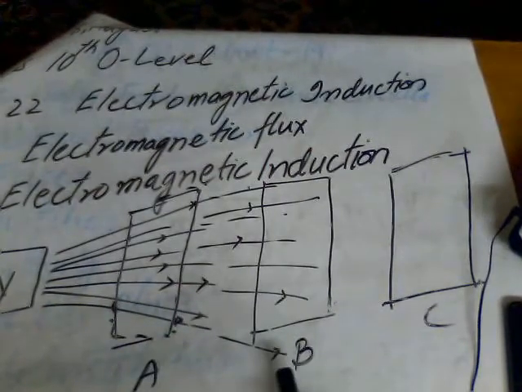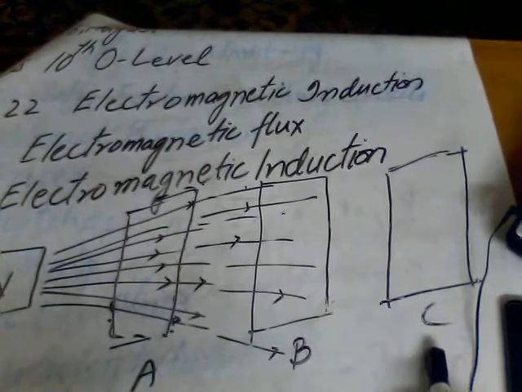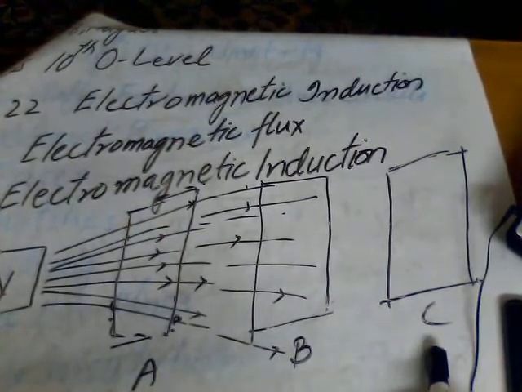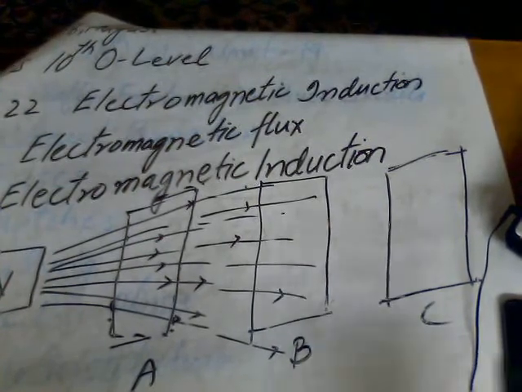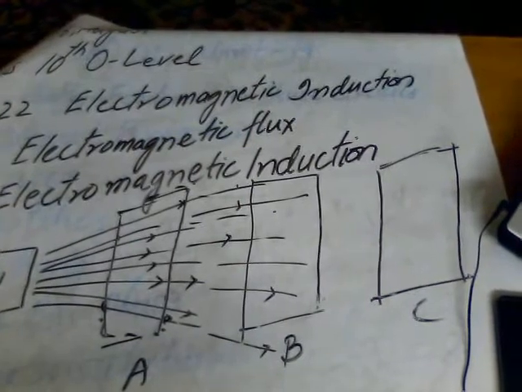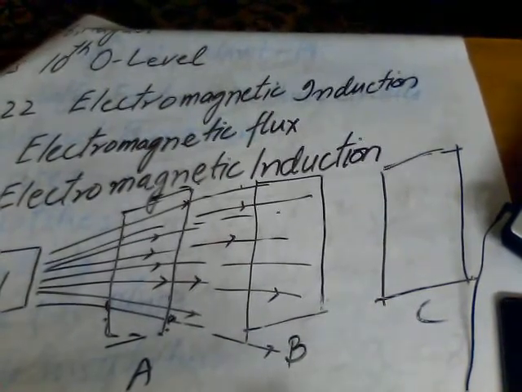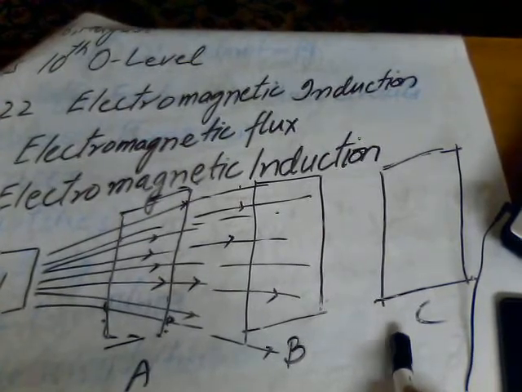Now the rectangular coil is placed at point C. Here, due to the long distance, no magnetic field lines of force are passing through this rectangular coil.